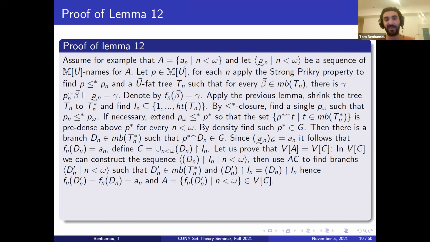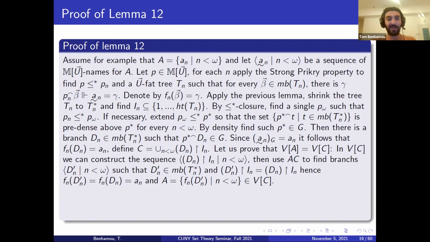We can reconstruct all this Dn restricted to In, only the important coordinates. By the axiom of choice, we can find branches D prime n in the maximal branches of T star n, such that the restriction is the same as Dn restricted to In. So we know that there exist such Dn, but when we define this inside the model VC, we don't know exactly what we get.